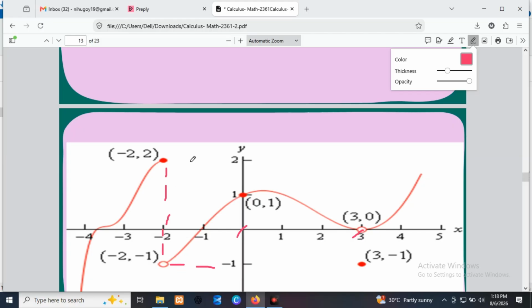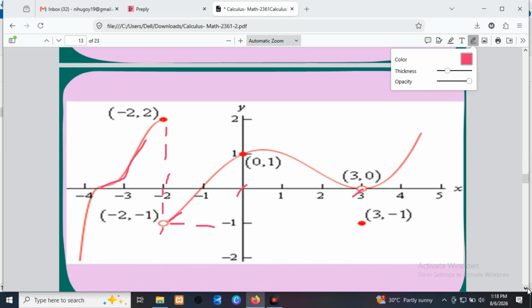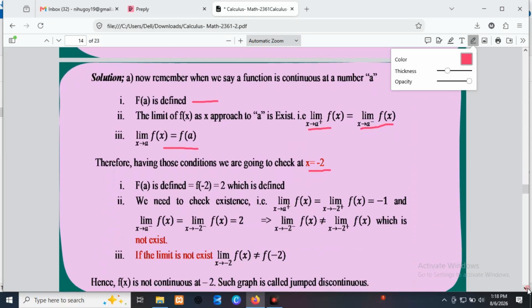If you ask what the value of f of -2 is, you select the solid endpoint. The endpoint for this piece is solid, but the endpoint for the other piece is hollow, so we reject the hollow one and take this. So f of -2 is 2, which is defined.